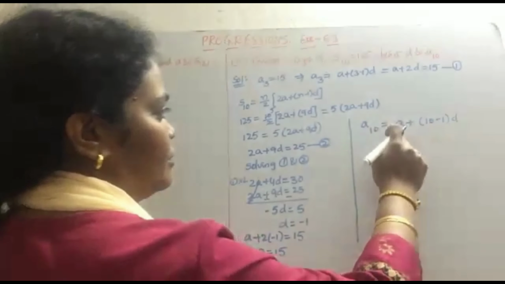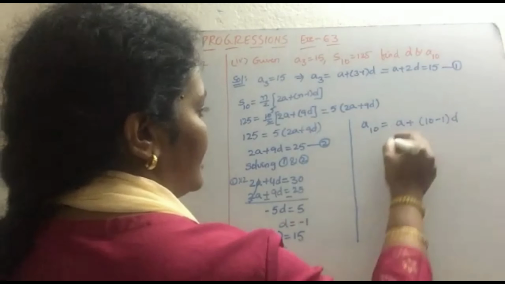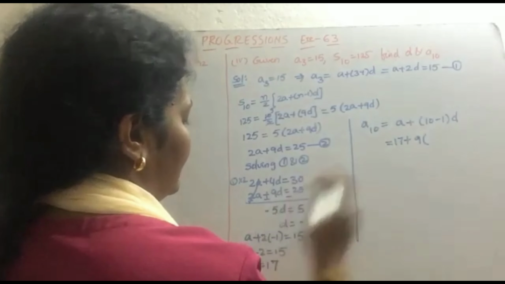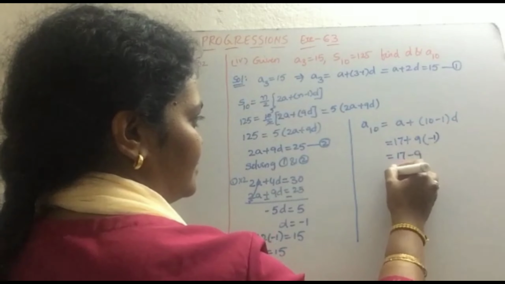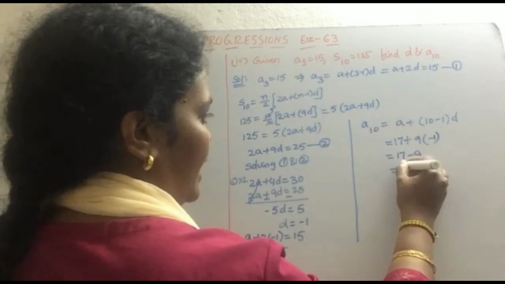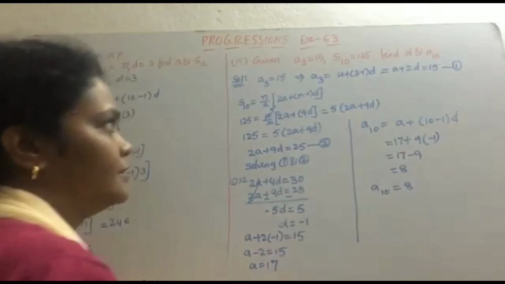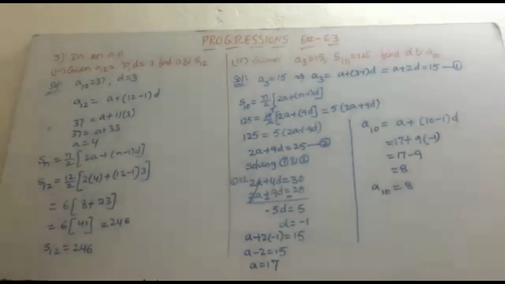Now A10 equal to a plus 9d. So a is 17, d is minus 1, so 17 minus 9, that is 8. So A10 equal to 8. d is equal to minus 1 and A10 equal to 8.